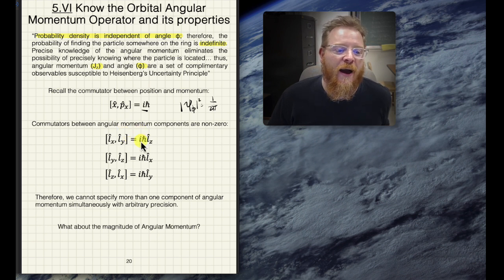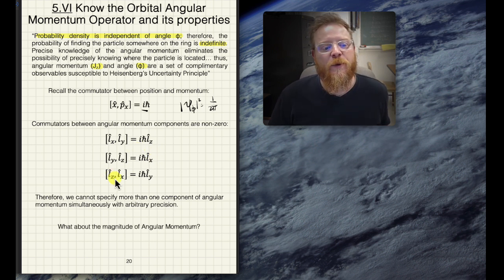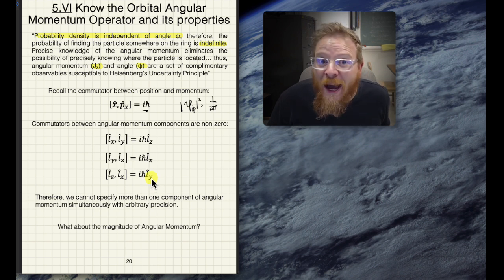We get i h bar Lz. So we're getting that i h bar eigenvalue from the commutator, and then there's an additional times Lz. Now you can see when we switch it to y and z, we get a commutator in the x dimension. And when we switch that to z and x, we get a commutator in the y dimension.